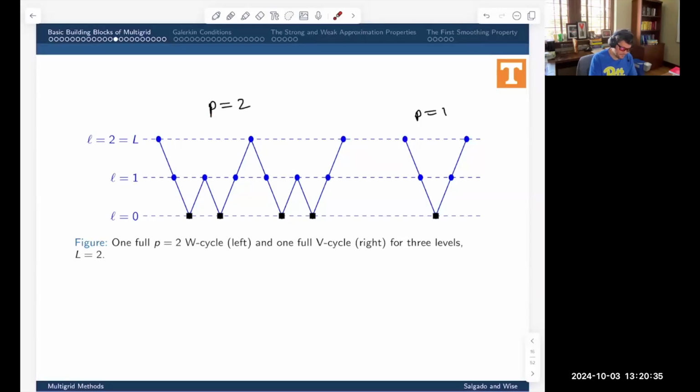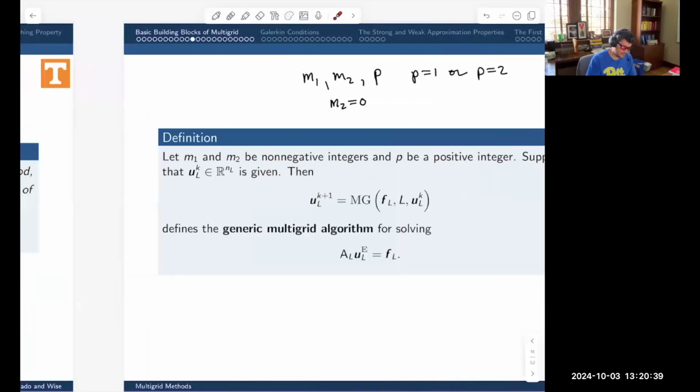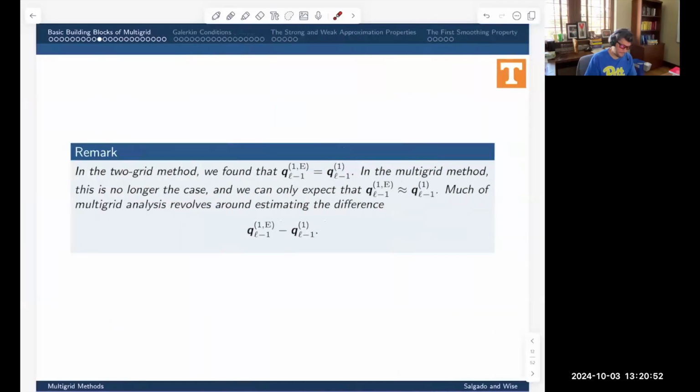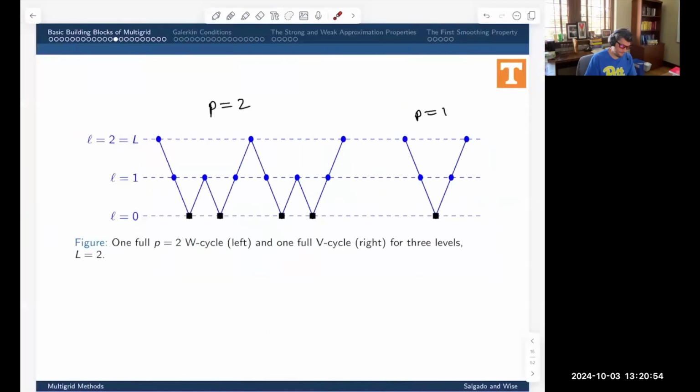Our first step is we do a pre-smoothing in our algorithm. So that is this part right here. And then we're going to do a coarse grid correction, but we're going to do a loop of our coarse grid correction. Now, if P is equal to 2, then how many times do we go through that loop?